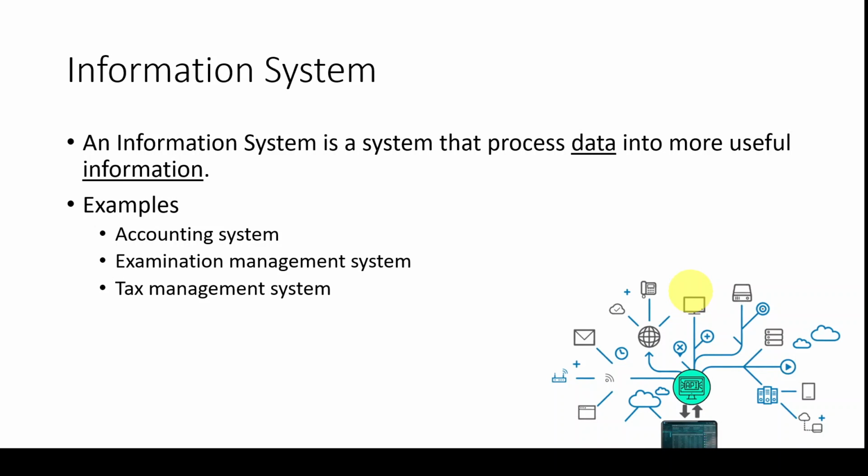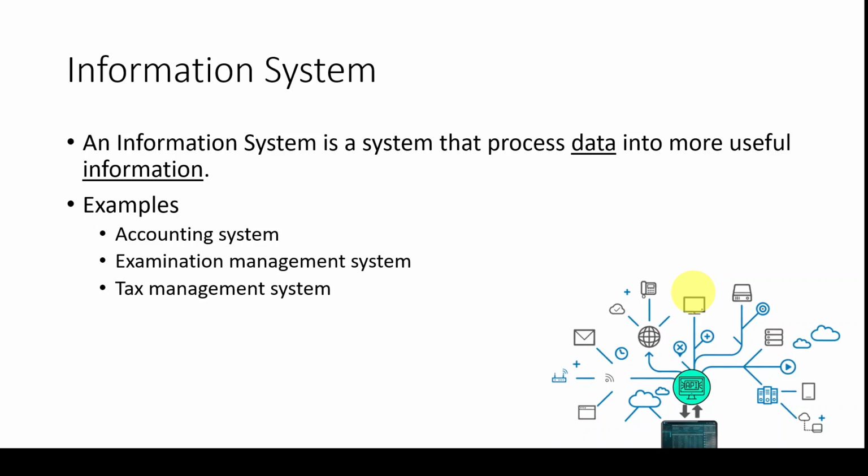Okay, so now let's look at what an information system is. An information system is a special system. It's also a system. The only difference is that it takes data as input and provides you information. So the purpose of that system is data processing, and then we call it an information system.